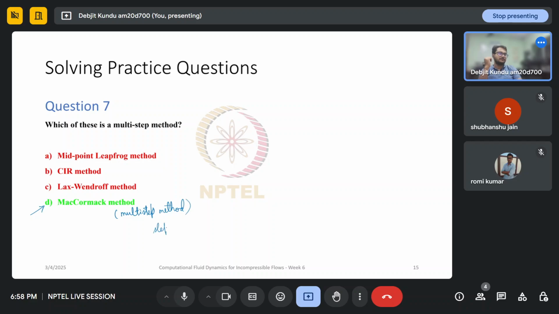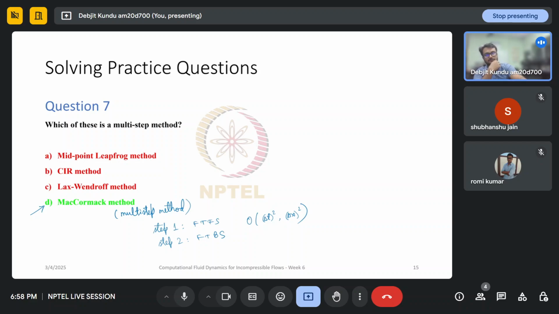So in step one, we do FTFS. In step two, do FTBS. And it gives us an order of accuracy of delta t square and delta x square as well.